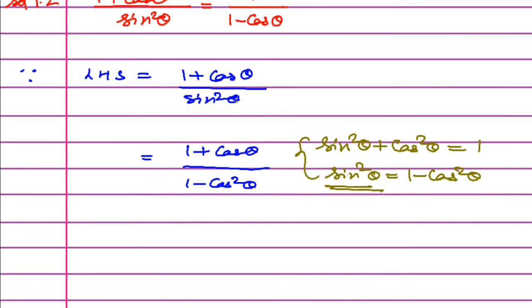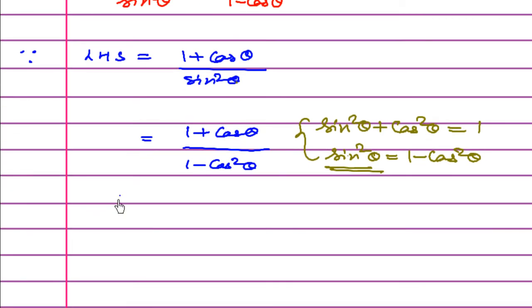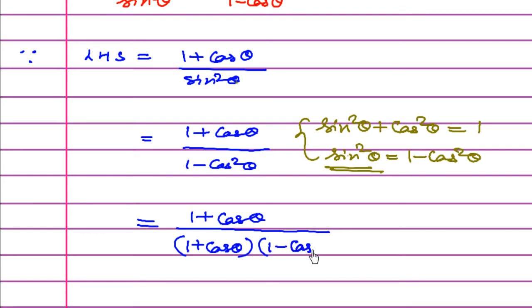Now the next step, 1 plus cos theta over 1 plus cos theta into 1 minus cos theta. I explain this now.